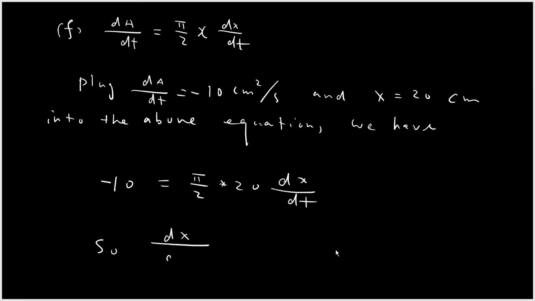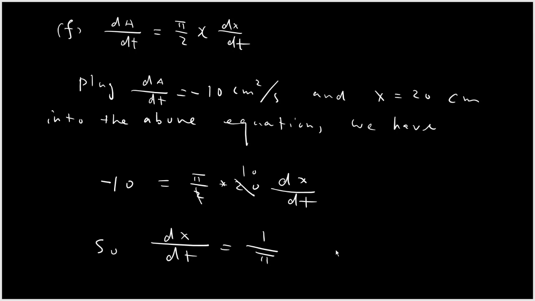So do you have dx over dt equals 1 over pi? On the right hand side, from the numerator and the denominator, you cancel out a 2. So on the numerator you have 10, right? And from two sides of the equation, you divide by 10 pi.